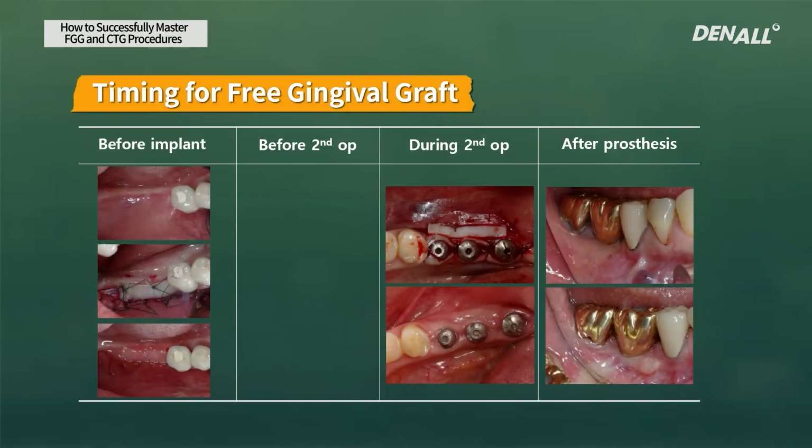We talked about advantages of free gingival graft. One of them is it can be applied at any stage of implant surgery. If it is too narrow, graft should be done in advance, or it can be done during surgery or after prosthesis, so you can apply it at any time.